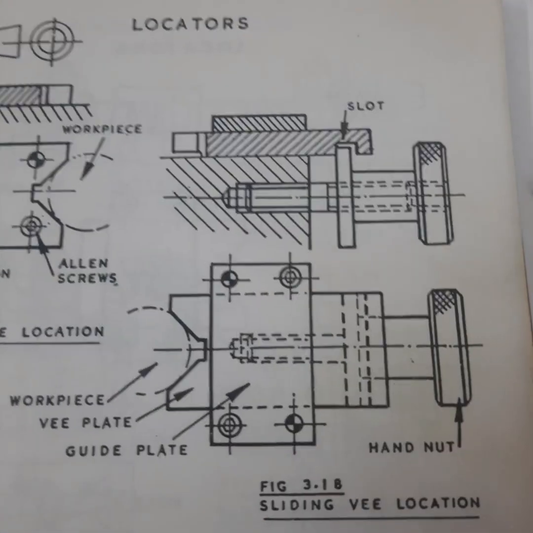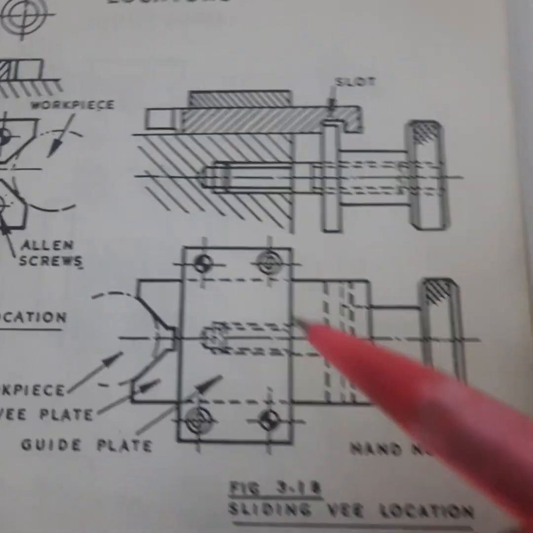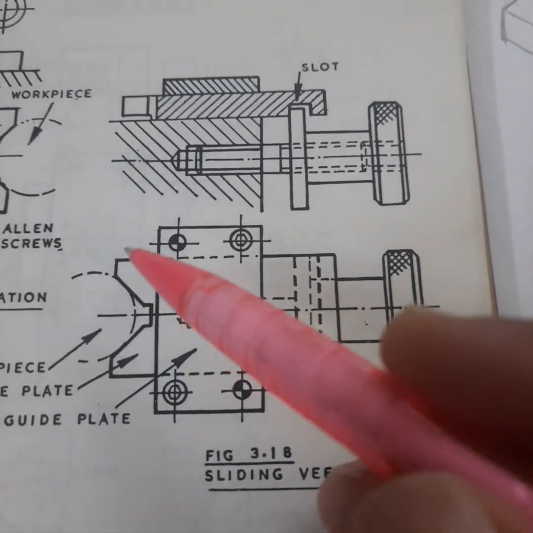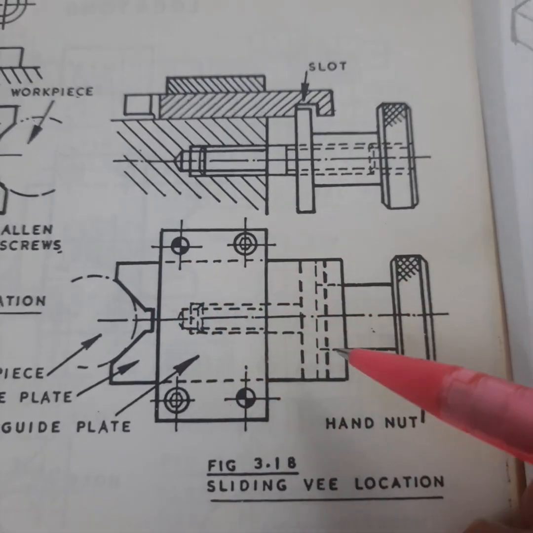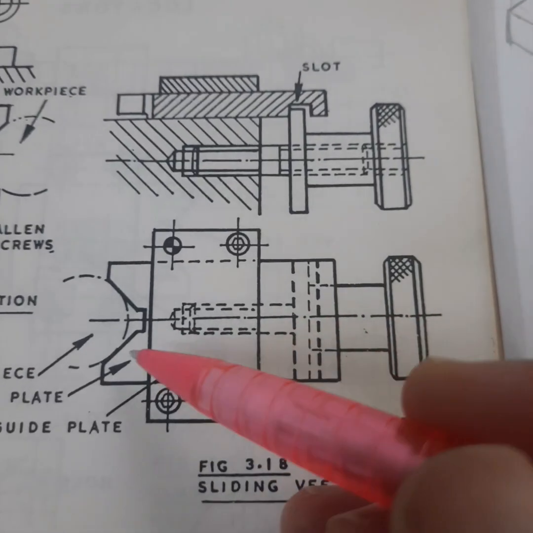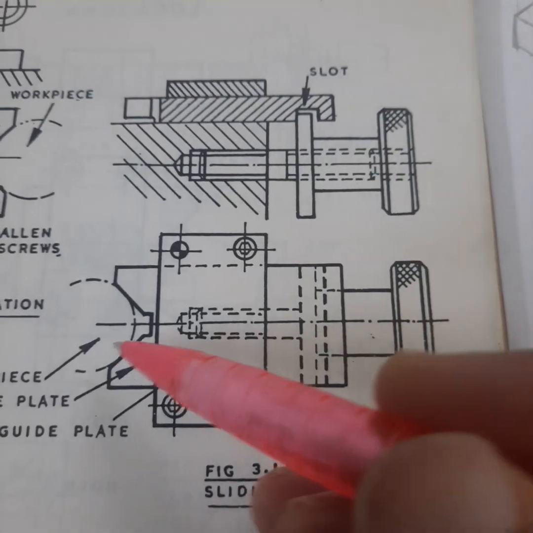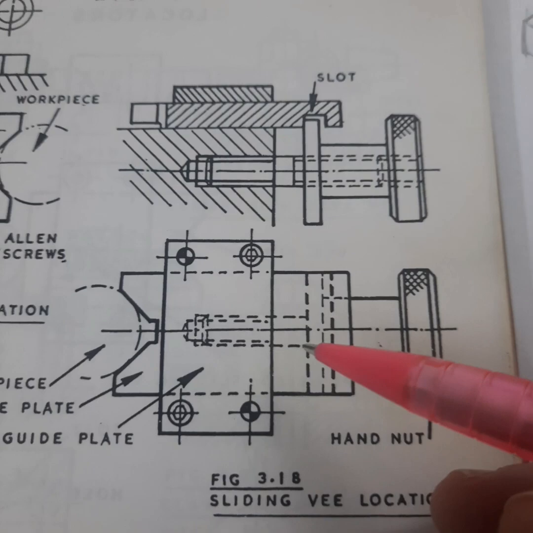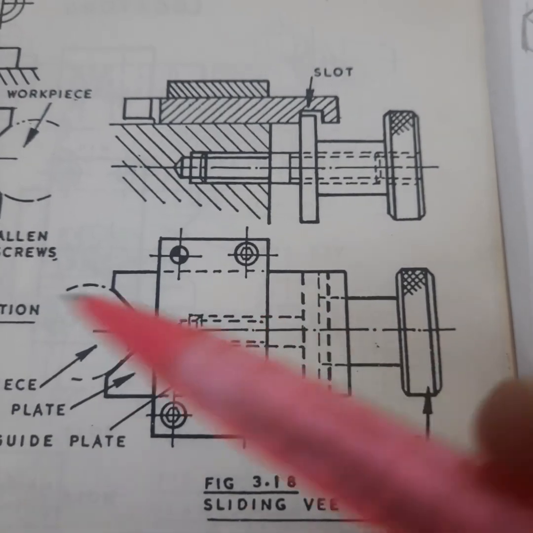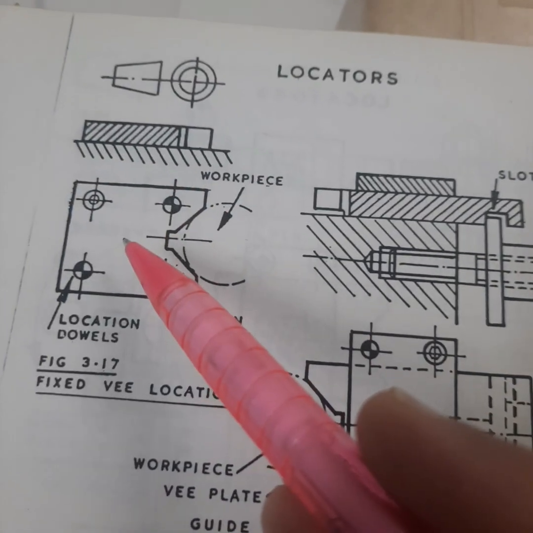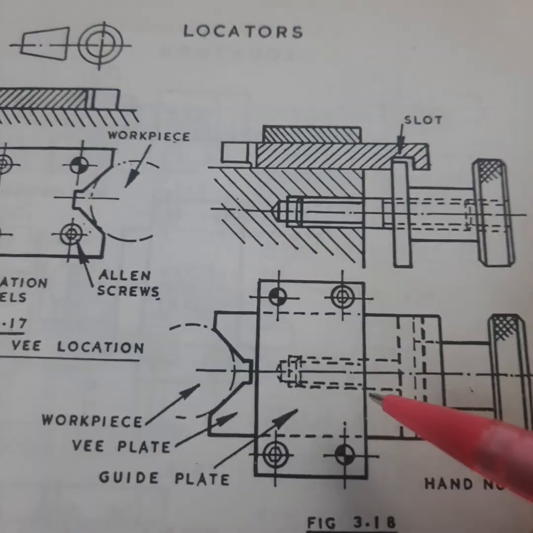This figure shows a sliding V locator. Here this plate is made to move this way. For the purpose of loading and unloading, we can make use of one fixed V locator and one sliding V locator.